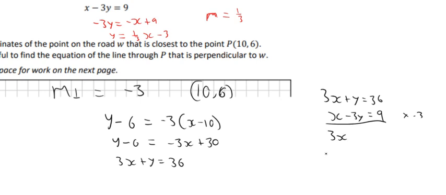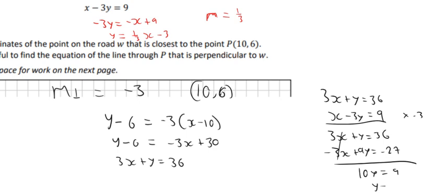Therefore, we get minus 3x plus 9y is equal to minus 27. The x coefficients cancel out. We get 10y is equal to 36 minus 27, which will give us 9. So then y is equal to 9 over 10 or 0.9.